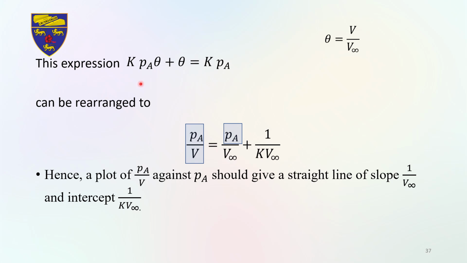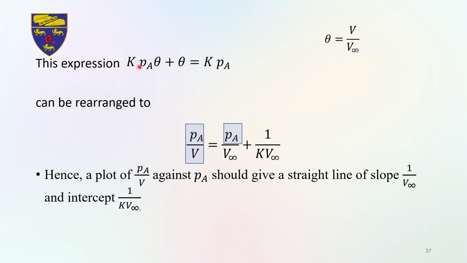So we can rearrange the Langmuir isotherm equation to obtain one that is related to the volume. The isotherm equation doesn't have the volume, so we have to replace theta with V over V infinity, the volume of the carbon monoxide that forms a monolayer on the charcoal.